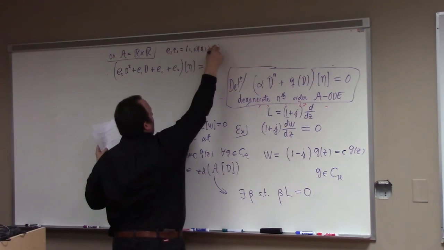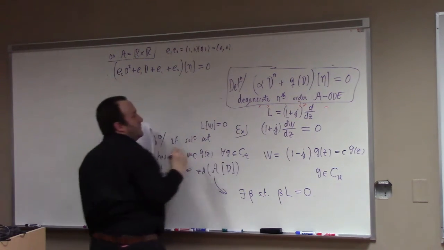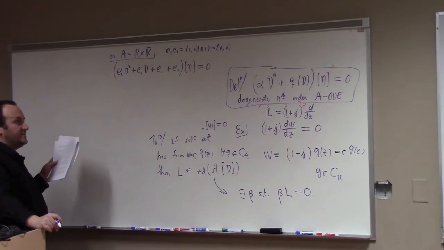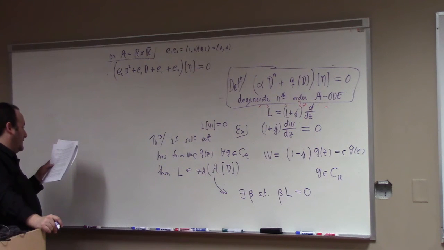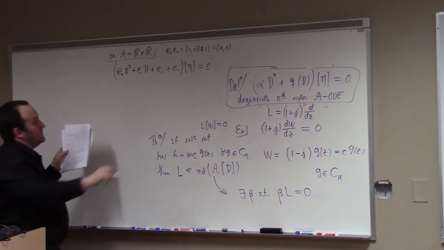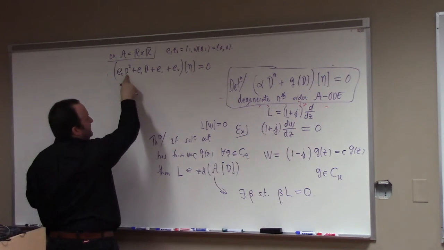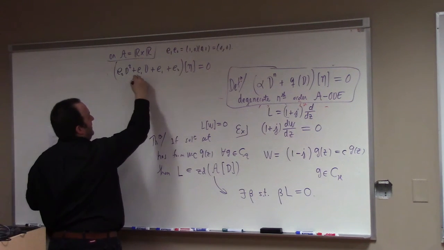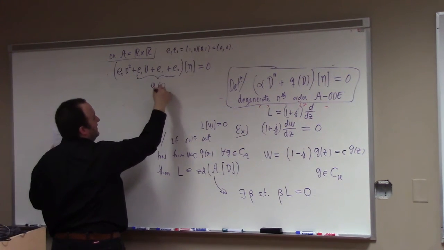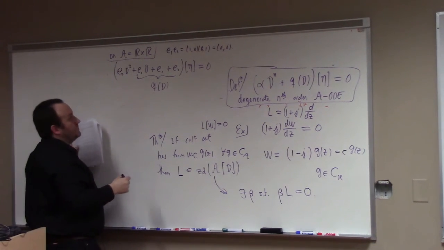E1 and E2 are the zero divisors of the direct product algebra. So this is degenerate, because it's E2 times d squared, and this is like my quote-unquote Q of d.